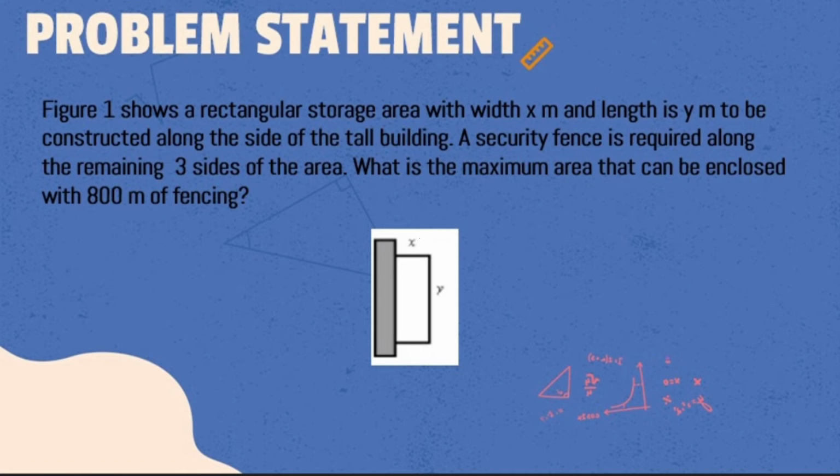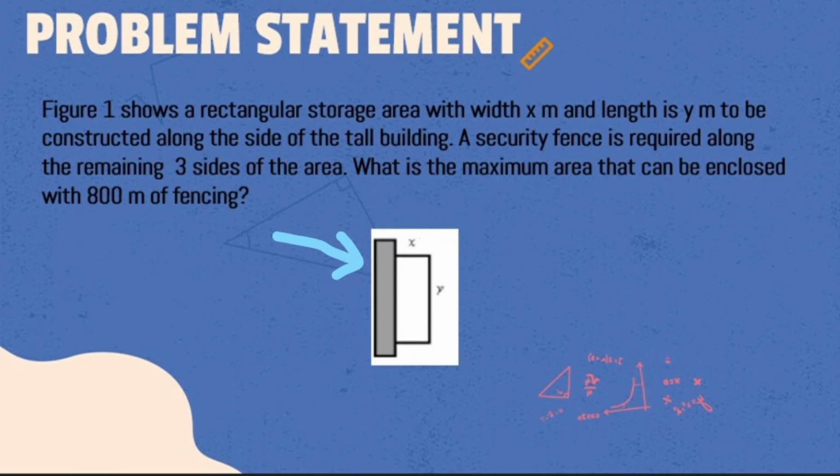Figure 1, which is this figure, shows a rectangular storage area with width x meters and length y meters to be constructed along the side of a tall building. The tall building is referring to this rectangle in gray color.